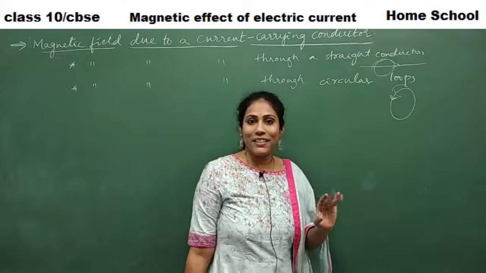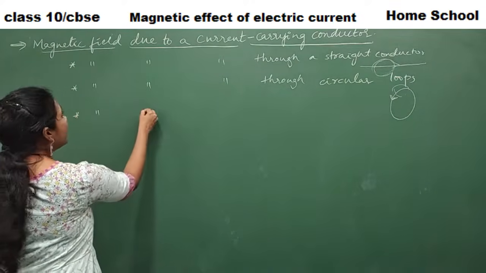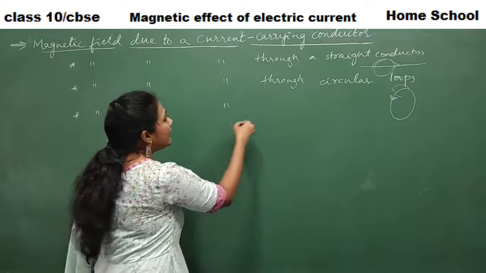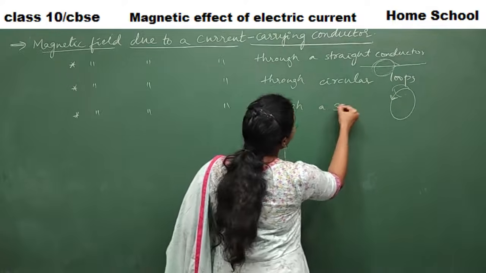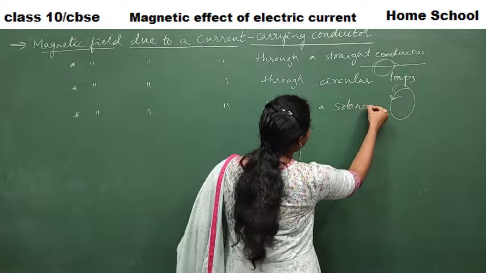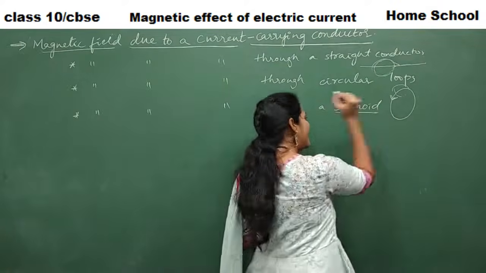We will discuss that. And the third subtopic is magnetic field due to a current through a solenoid. What do you mean by a solenoid? We will discuss everything about the solenoid a little later.